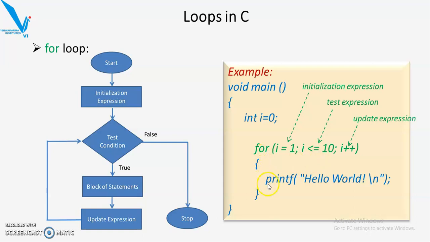Again it will run the body of the loop, that is hello world, and so on. So it will run as long as i is less than or equal to 10. Once i becomes 11, 11 is not less than or equal to 10. The condition becomes false and it will come out of the loop.